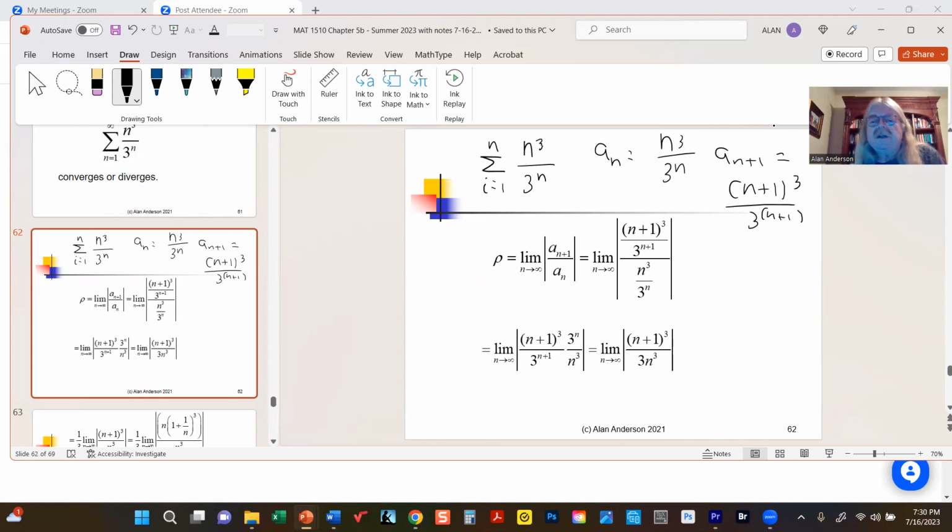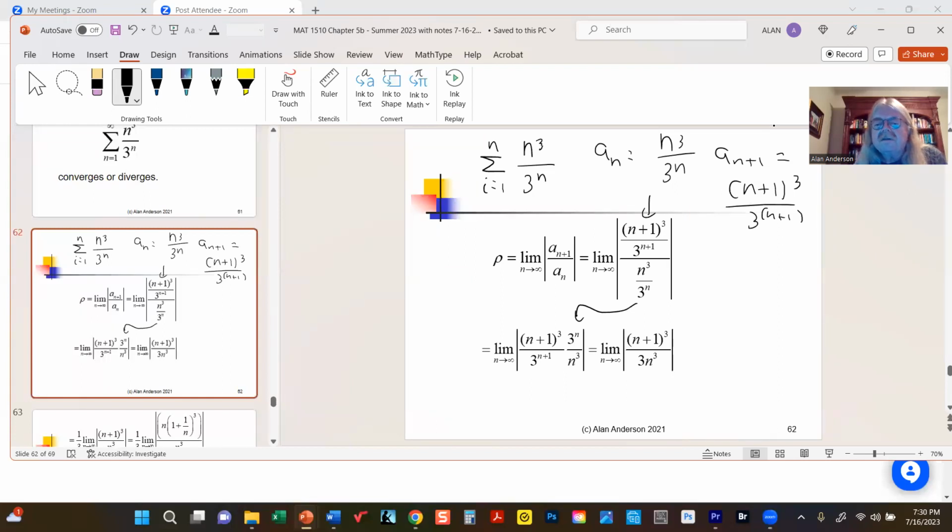So what we're going to do here is construct the ratio in absolute value, the absolute value of that ratio. First, we're going to do some simplification, of course. Instead of dividing by n cubed over 3 to the n, we're going to multiply by the inverse, which is 3 to the n over n cubed. So let's look at this more closely.